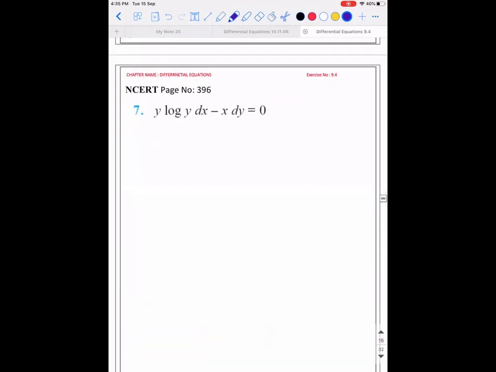Next one. y log y dx is equal to x dy. So you can write it like this. dx divided by x is equal to dy divided by y log y.